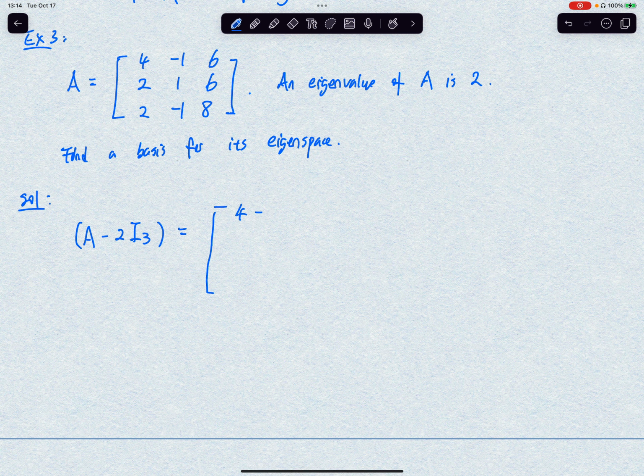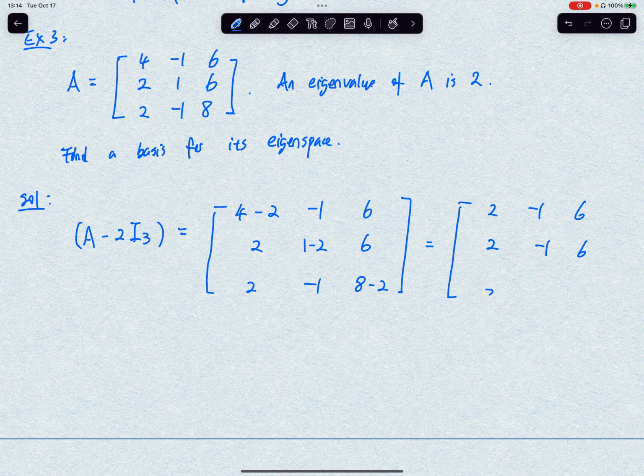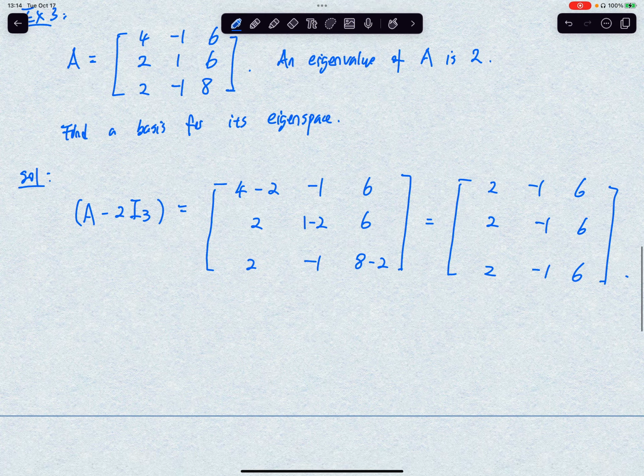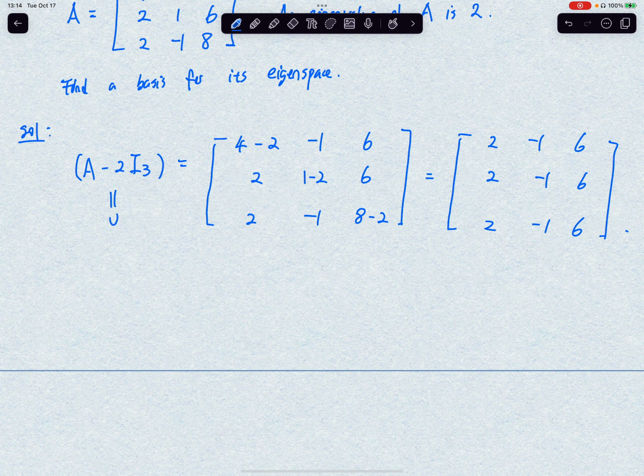So this equals [4-2, -1, 6; 2, 1-2, 6; 2, -1, 8-2]. And this gives us [2, -1, 6; 2, -1, 6; 2, -1, 6]. Now we shall use row reduction on the augmented matrix for this equal to 0.